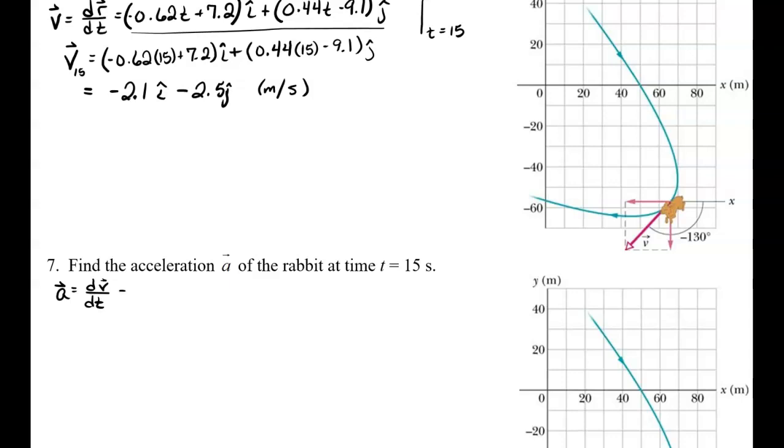So I'm going to take that derivative. I'm going to have negative 0.62, that's in the i hat direction, the x direction, plus 0.44, and that's going to be in the j hat direction. That's going to be, of course, in meters per second squared.